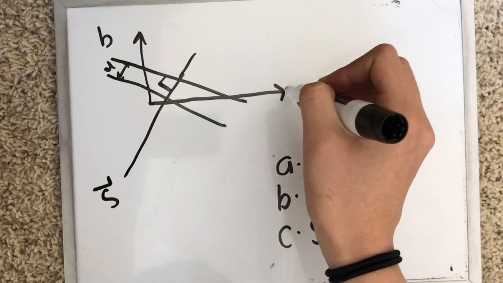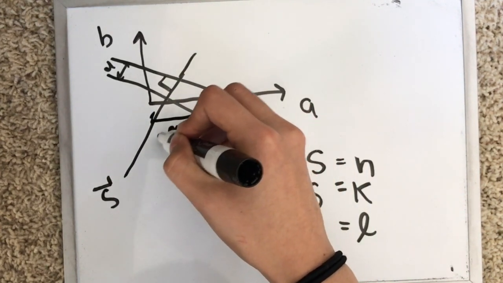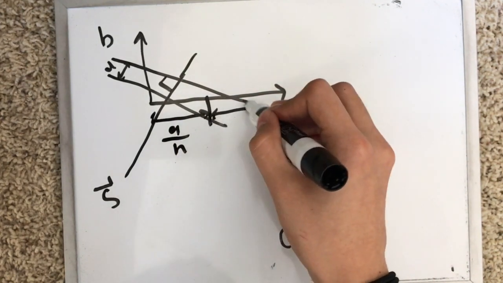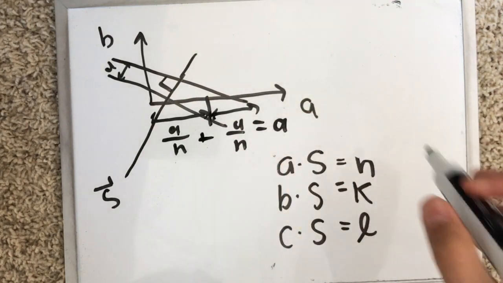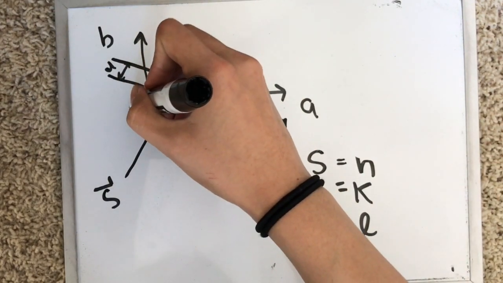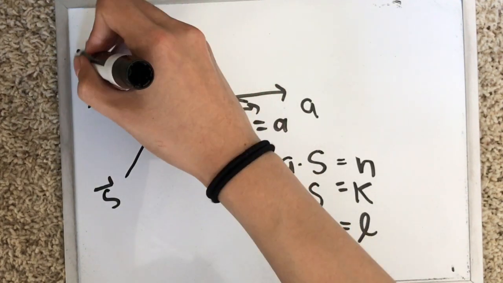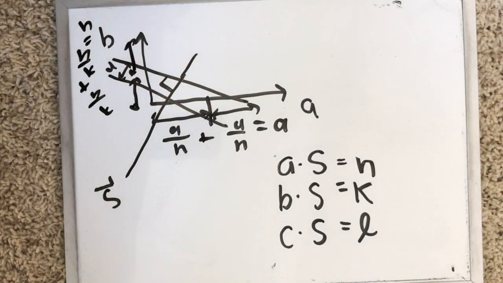Then your A direction is split into A over H. This is basically what defines a unit cell, A over H, and these all add up eventually to A. Similarly, in your B direction, each unit cell is defined by B over K, and these eventually all add up to B, similar in the C direction.